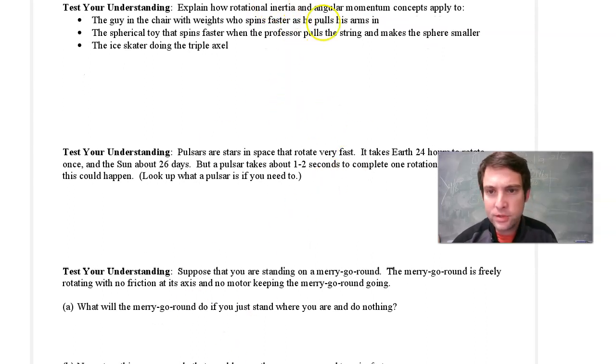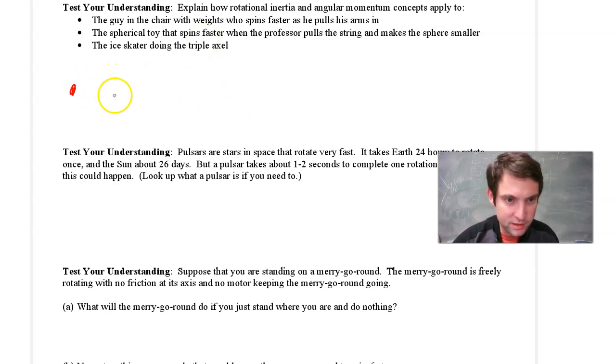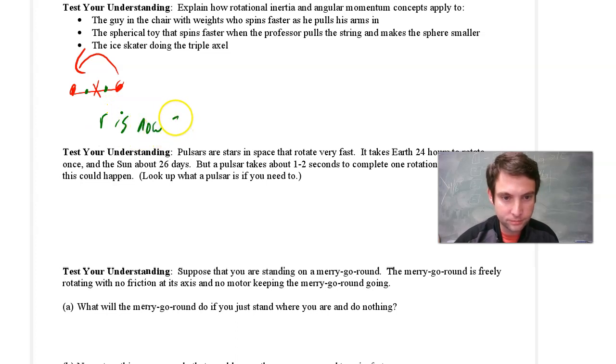Explain how rotational inertia and angular momentum concepts apply to the guy in the chair with weights who spins faster as he pulls his arms in. So remember, if you have the weights far apart, rotating about this axis right here, as it goes around and you bring the weights closer towards the center, R is now smaller.